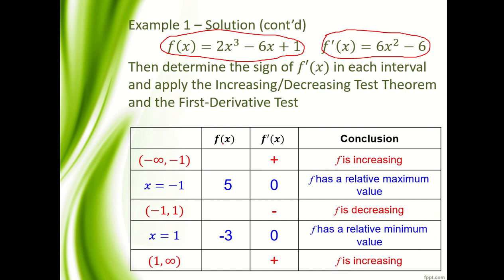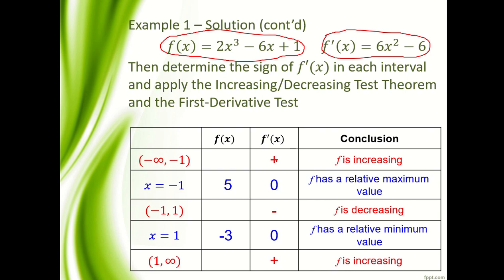For example, for x equal to negative 3, which still belongs to this interval, negative 3 squared is 9, 9 times 6 is 54, 54 minus 6 is 48, still positive. So we generalize that f prime of x on this interval is positive.